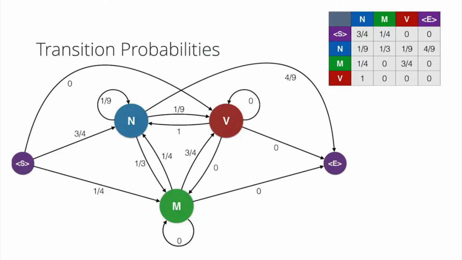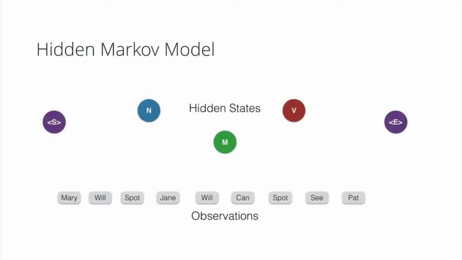So now we combine the two probabilities, basically the two graphs that we have created, to create the hidden Markov model, in which all the words Mary, will, spot, Jane, will, can, spot, and see, pat, all the words that occurred are observations, and the hidden states, basically the states that we are trying to predict, are noun, modal verb, and verb.